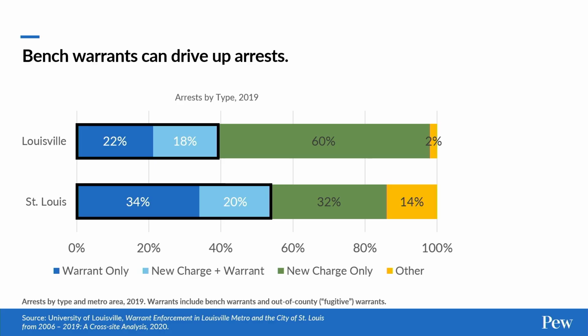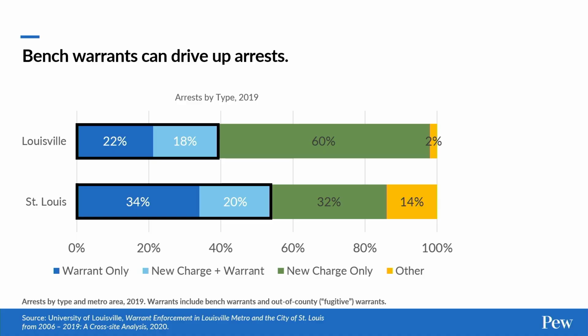This is data from 2 different studies, one in Louisville, one in St. Louis. And it's showing arrest data. In the dark blue, you've got arrests for bench warrants alone. It does also include out-of-county fugitive warrants, but those were such a small part of the data that it's virtually exclusively bench warrants. In the light blue, you've got bench warrants plus another charge.